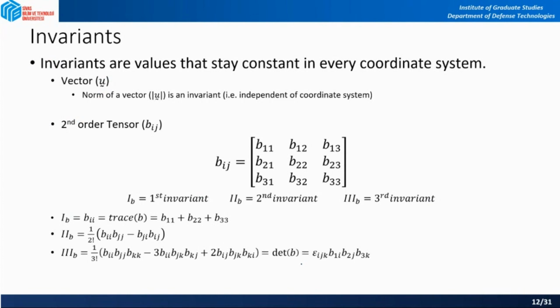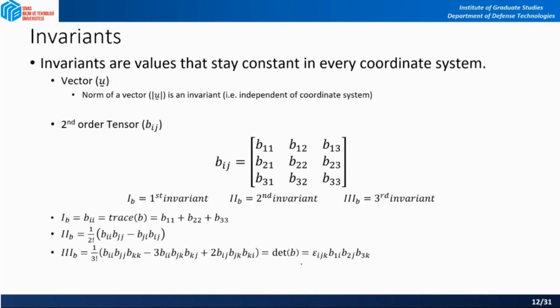Invariant means they do not change when you change your coordinate system. Scalars do not get affected by rotation by themselves. But for vectors, one of the invariants is its magnitude. And there is this question, is there any invariant for the tensors?